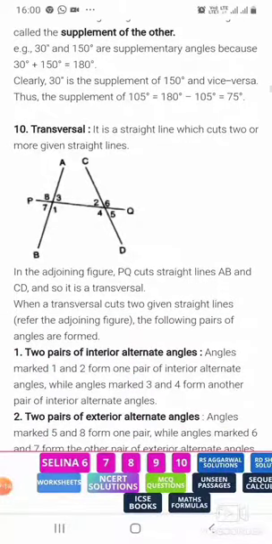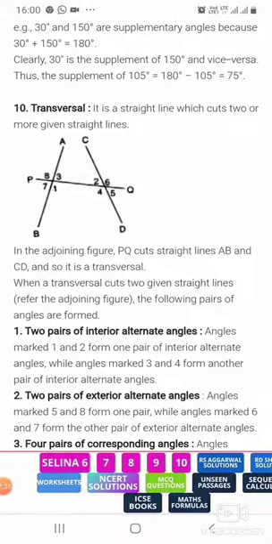Now moving to the next property, called the transversal. We discussed this point yesterday, but let us understand it here. A transversal is when you take two straight lines, AB and CD, and there is one line, called a transversal, PQ, that cuts the straight lines AB and CD. So here PQ is called a transversal.